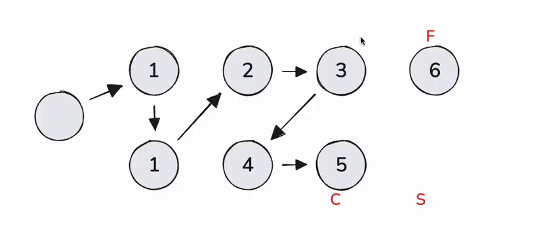So we want to check for that, and if there is a non-null F or S, we're just going to connect it to our list like this. All right, so that's how we think about it, visualize it, and how we execute the algorithm.